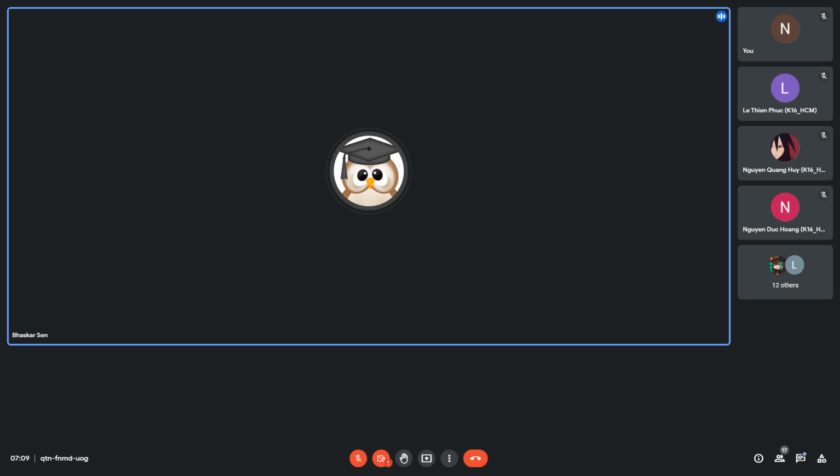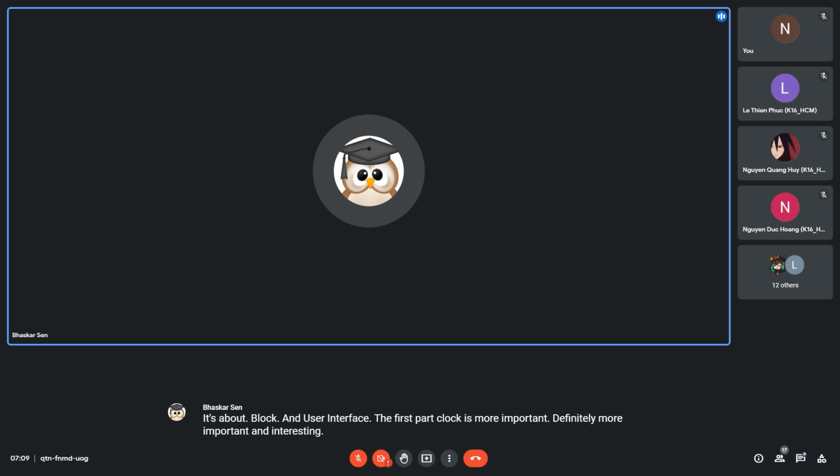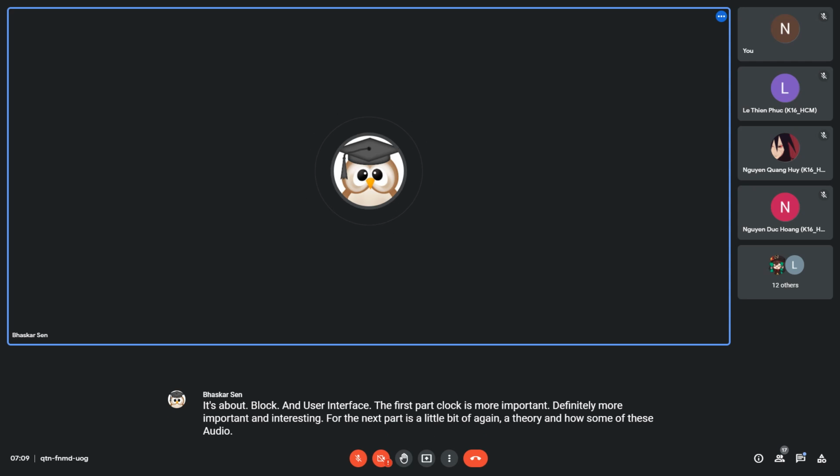It's about clock and user interface. The first part, clock, is more important, definitely more important and interesting. But the next part is again a little bit of theory, how some of these IO devices work. I mean, at the software level, of course, not the hardware level.